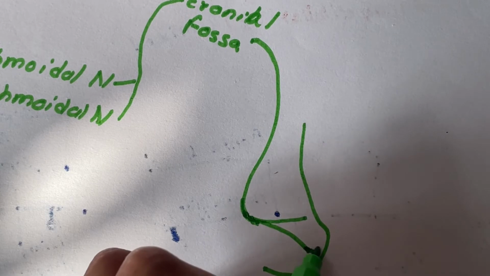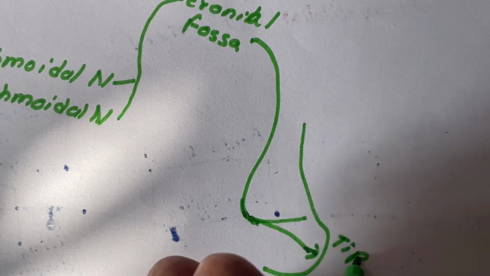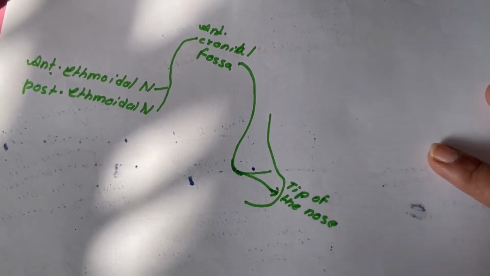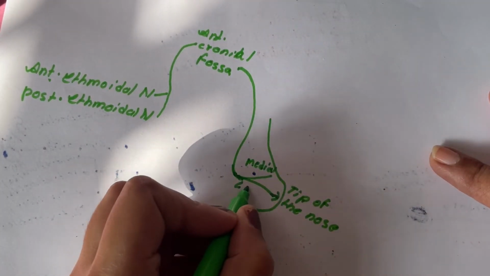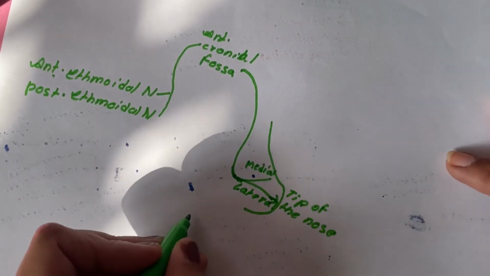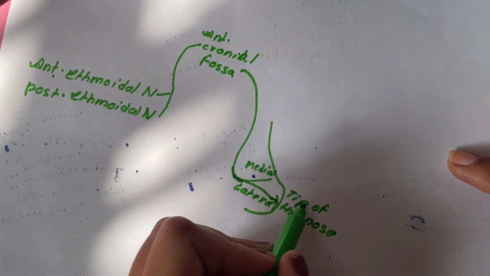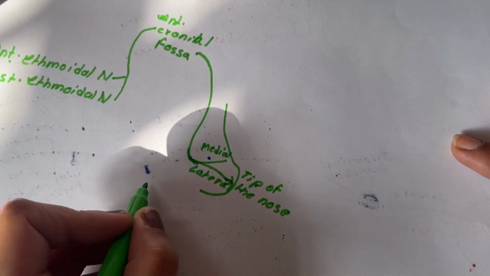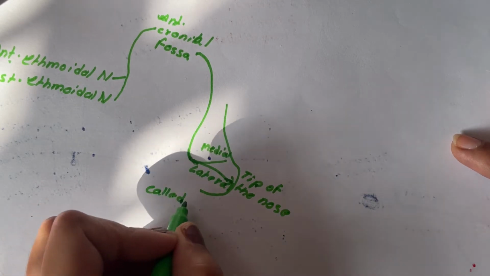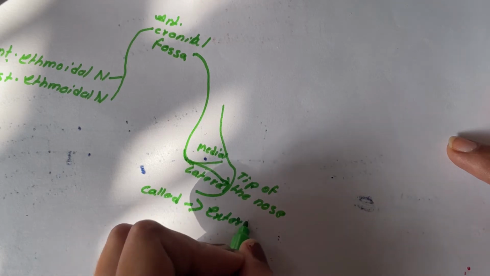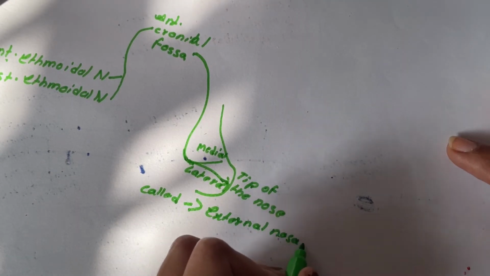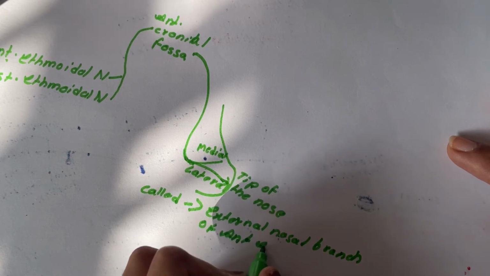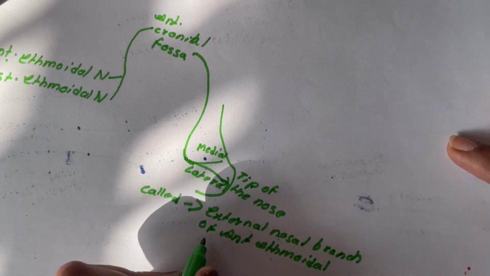The lateral branch supplies the tip of the nose, and it is also called the external nasal branch of the anterior ethmoidal nerve.